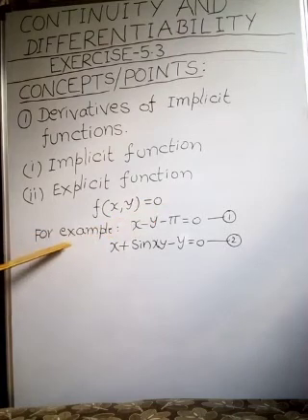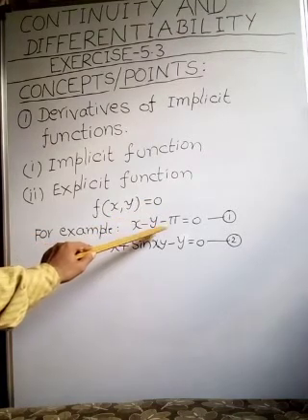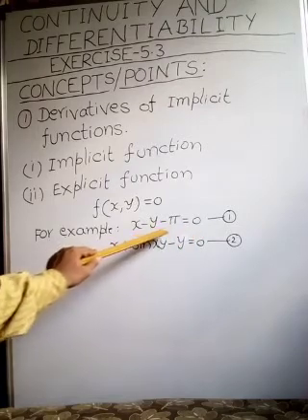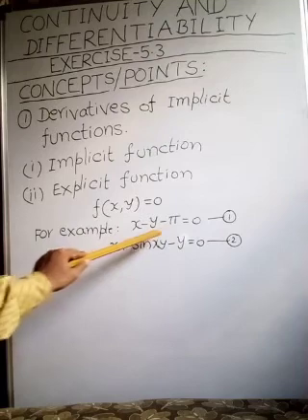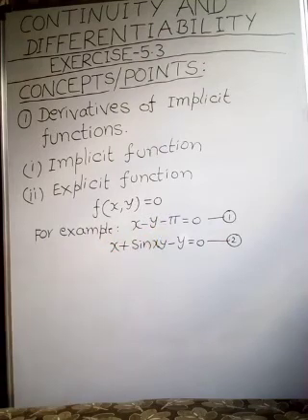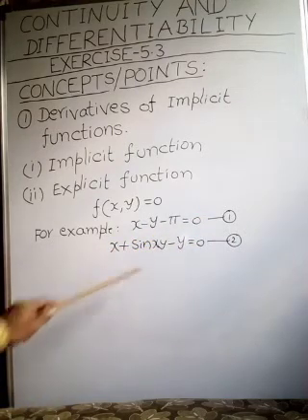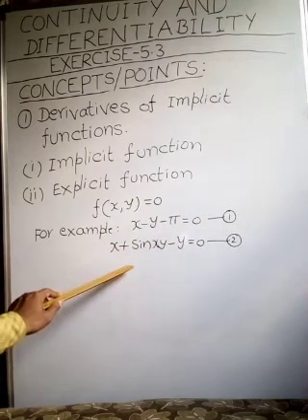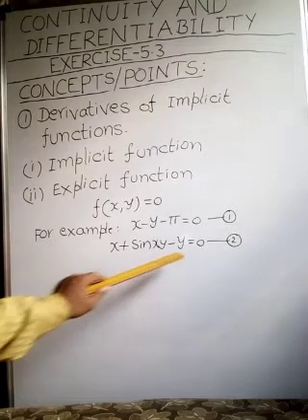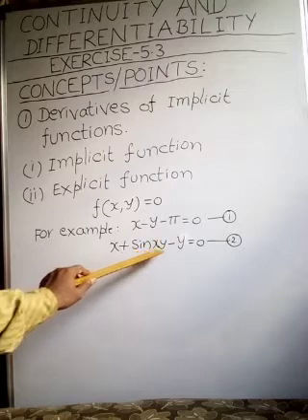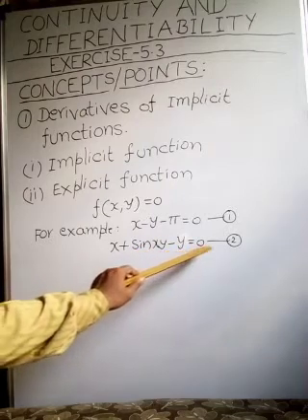For example, x minus y minus pi is equal to 0. This is a relation between x and y. Similarly, the relation between x and y is given in the form of an equation like this: x plus sin xy minus y is equal to 0.